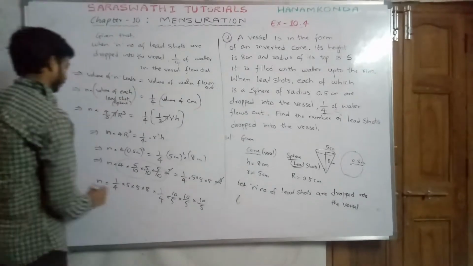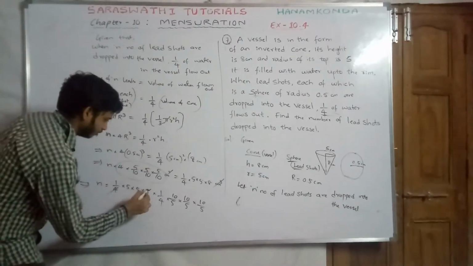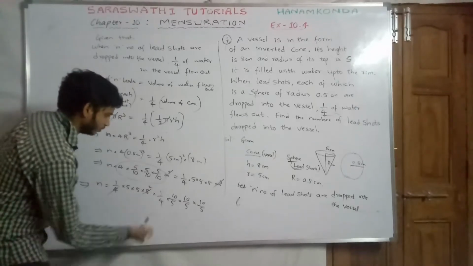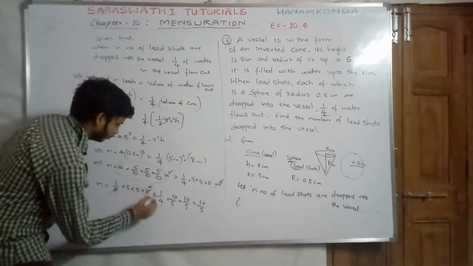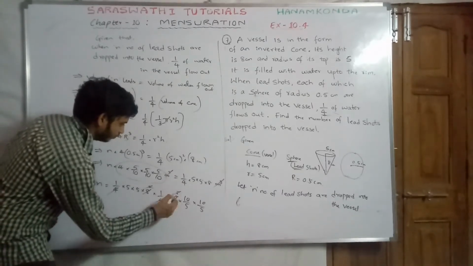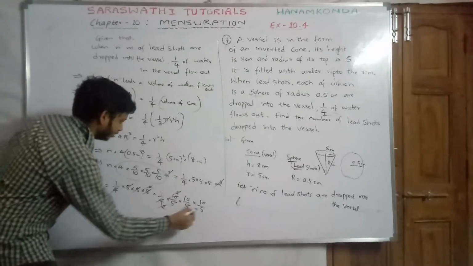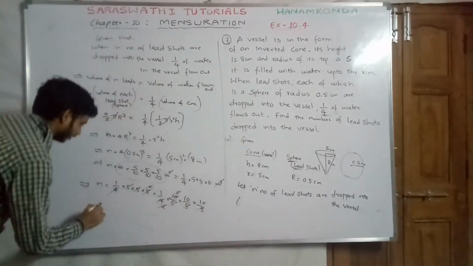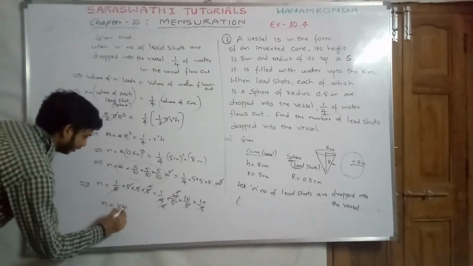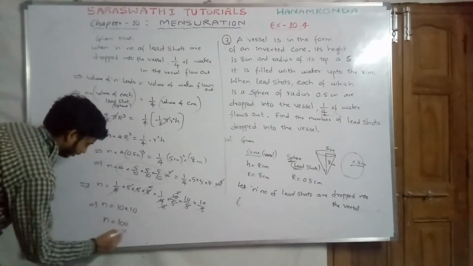Then 4 ones are 4, 4 twos are 8; 2 twos are 4, 2 ones are 2. The 5s get cancelled, again the 5s get cancelled, so 10 into 10 remains. So n equals 10 into 10, which is 100.